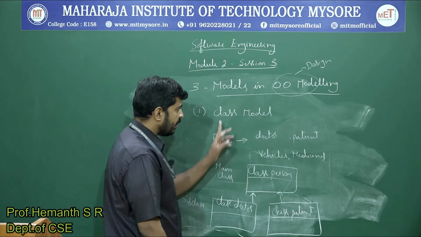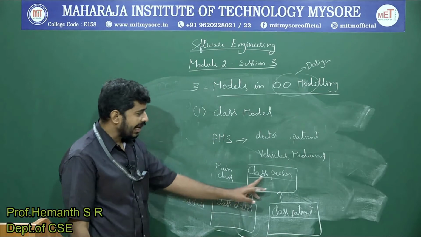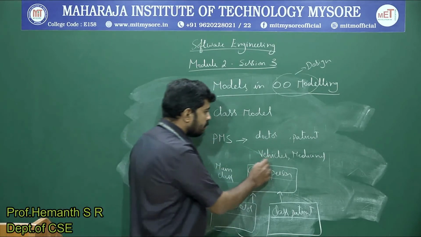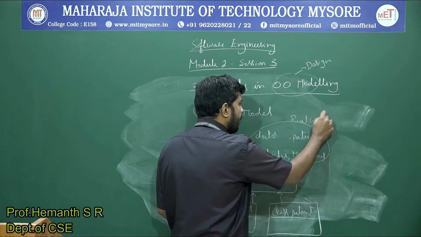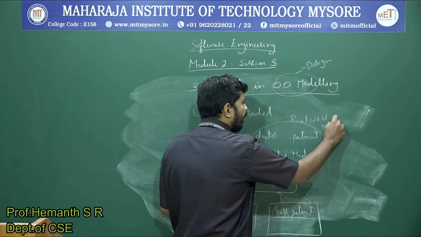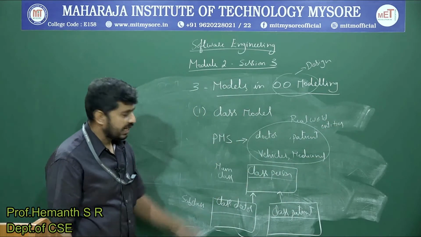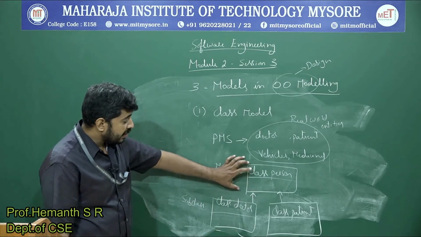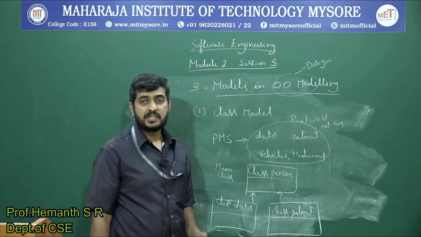Now what exactly are we doing in class modeling? So this is what we do. We try to identify classes from the real world entities. Okay, so these are the real world entities. From the real world entities, we try to identify the class and even subclass. Not only identifying the class and subclass, we try to build the relationship between them.